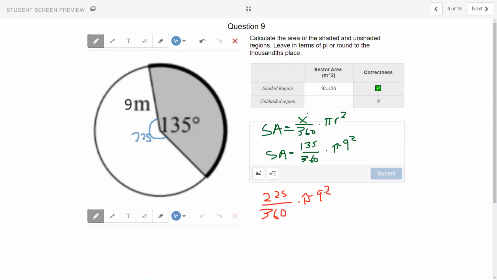Let's put that in our calculator. 225 divided by 360 times pi times 9 squared, and I get 159.043. 159. All right, that's good there.